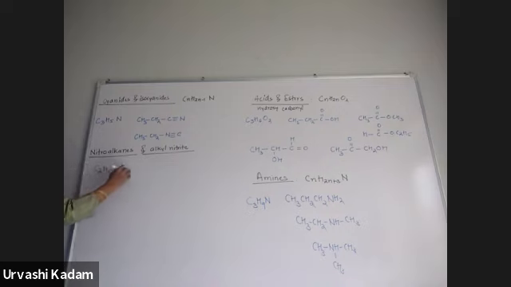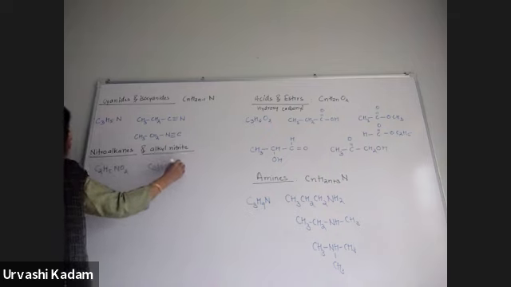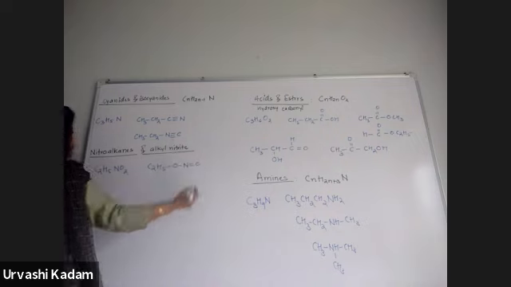This is nitroethane. And alkyl nitrite will be C2H5ONO. ये हो जाएगा ethyl nitrite.